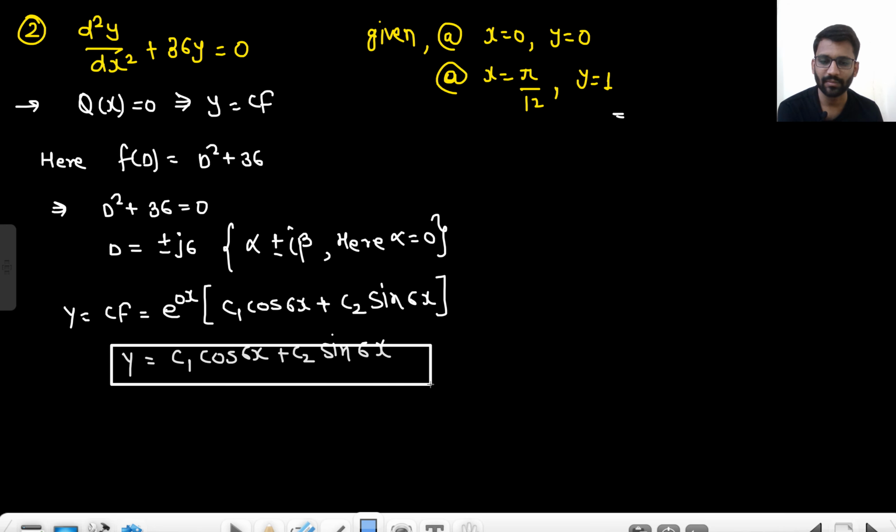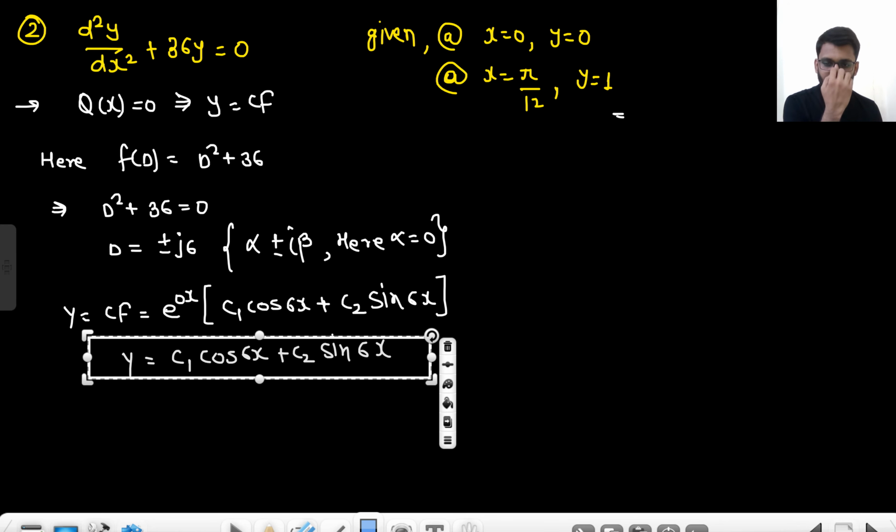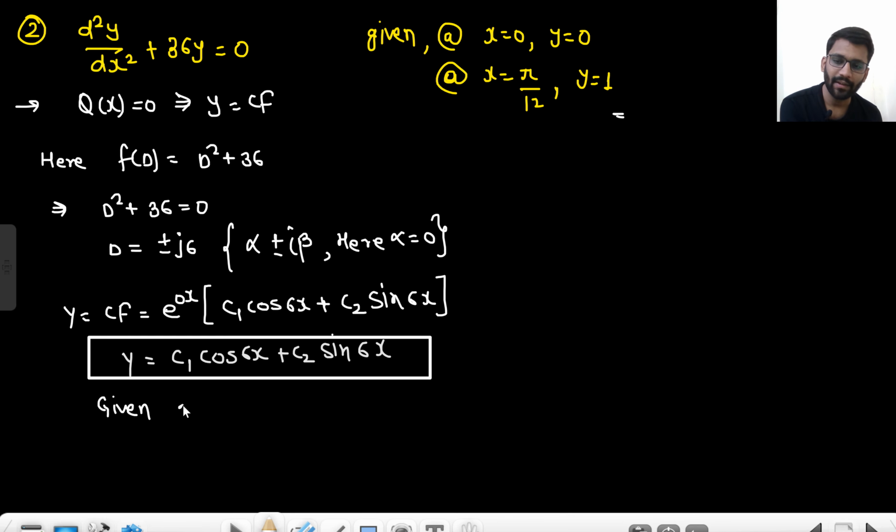Because there are some given conditions. What is given? At x equals to 0, y equals to 0. That means y is equal to 0 at x equals to 0.